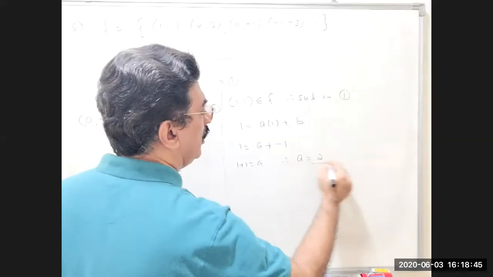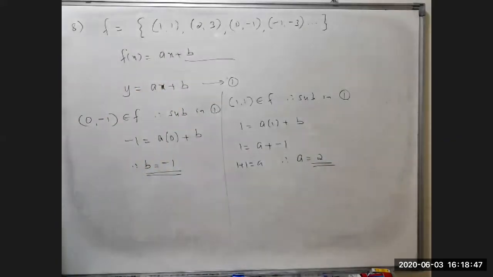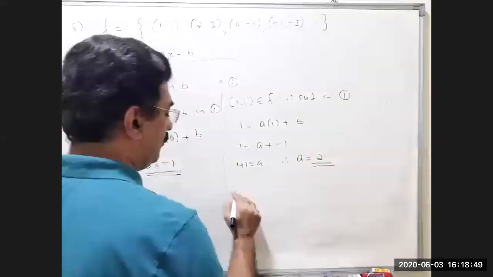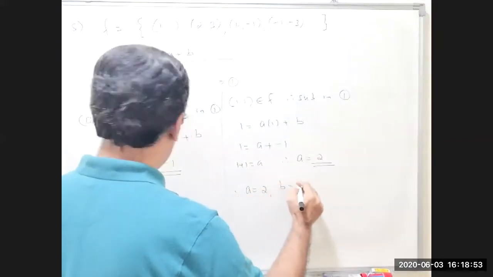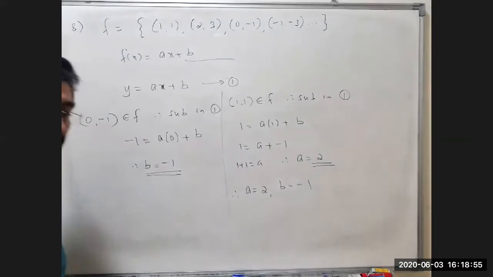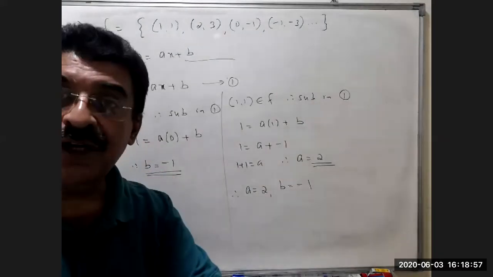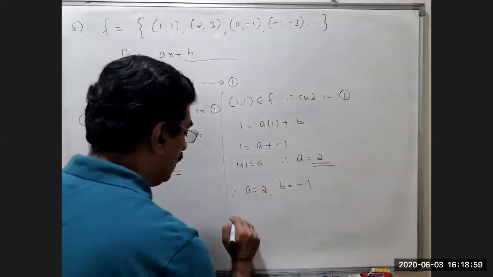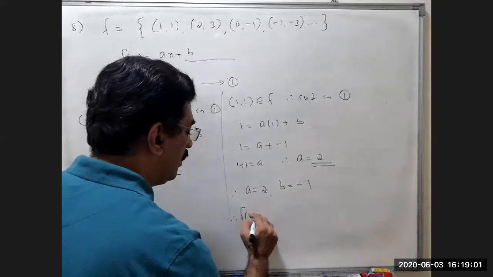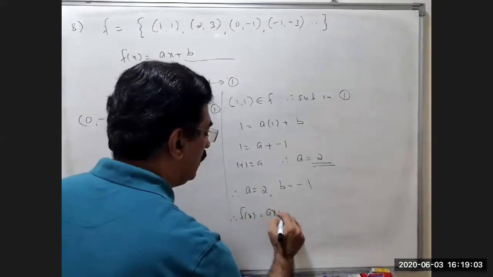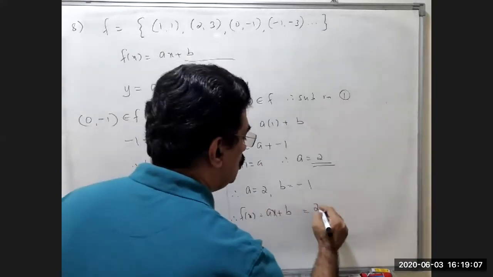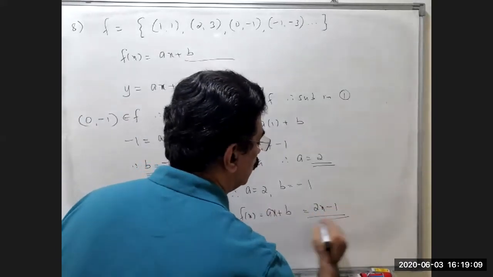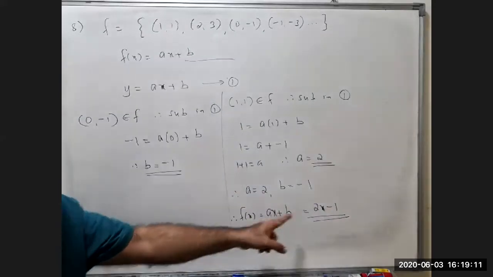Therefore, a is equal to 2. So we got a is equal to 2 and b is equal to minus 1. If the question was to write the linear function, f of x equals ax plus b becomes 2x minus 1. So the required linear function is 2x minus 1.